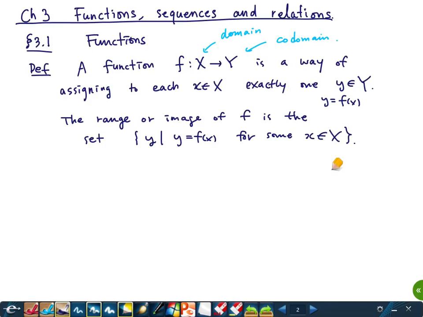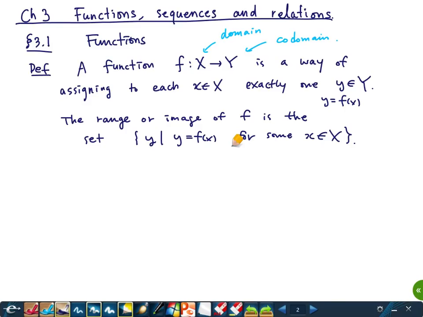It's not necessarily the whole set y. It may be the whole set, but not necessarily. Sometimes some elements here are not of this form. So this is the usual definition of a function. Normally people define a function like this.